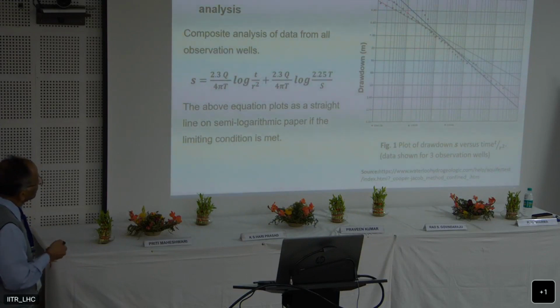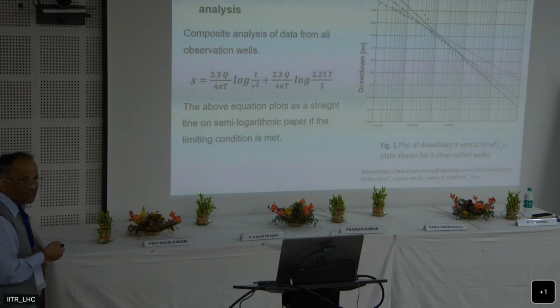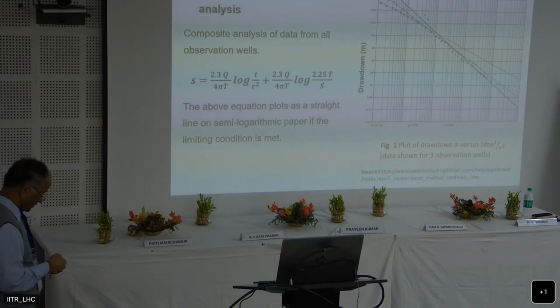These dots are the drawdowns at different observation wells at different times. For all of these we can get t by r square because we know t and we know r, and the corresponding s you plot. It plots as a straight line on semi-logarithmic paper if u is less than 0.01.